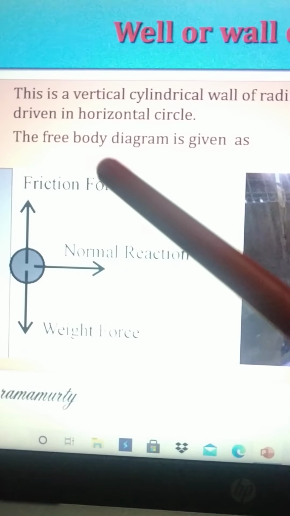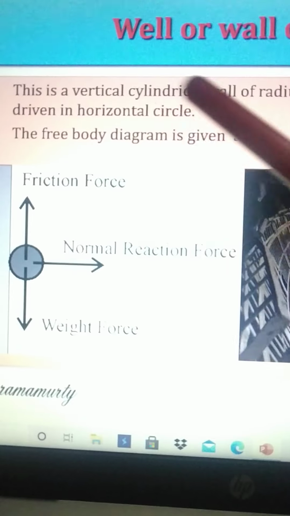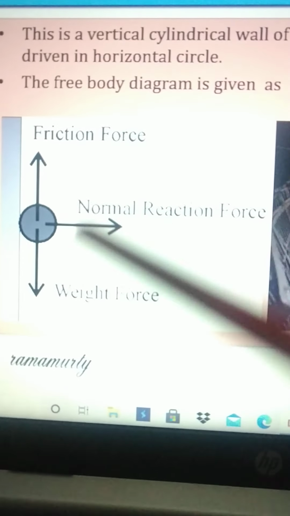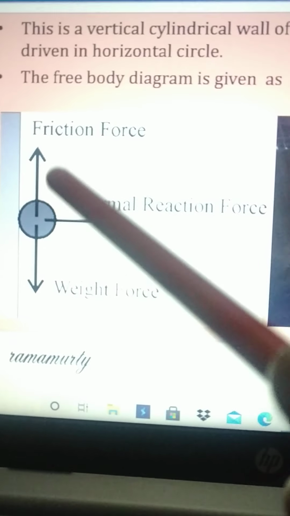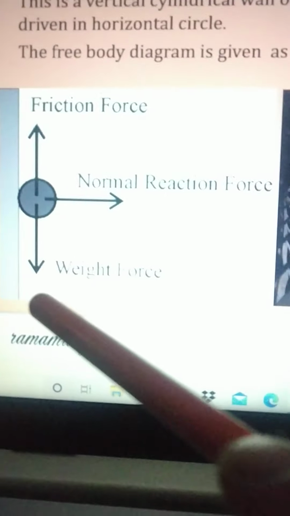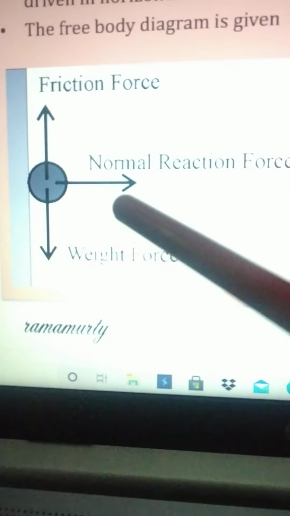The free body diagram: the frictional force is in the upward direction, mg, the weight, is in the downward direction, and the normal reaction is horizontal.